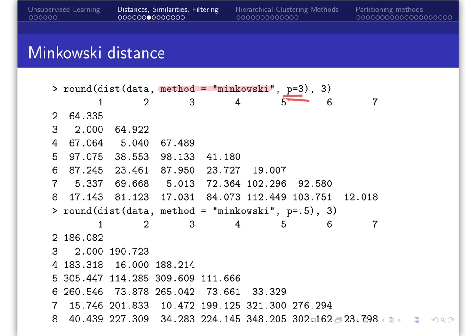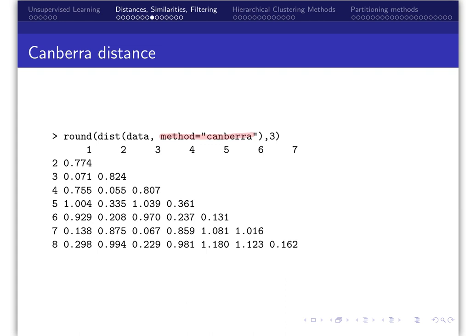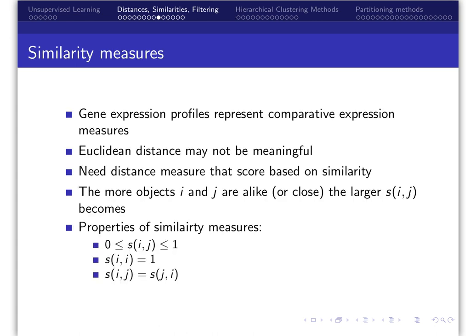When p equals 3, the Minkowski distance between observations 1 and 2 is 64.335. When p equals 0.5, the Minkowski distance between observations 1 and 2 is 186.082. The method parameter can also be set to calculate Canberra distance, which is sensitive to small changes close to 0, and a few other methods are also available.